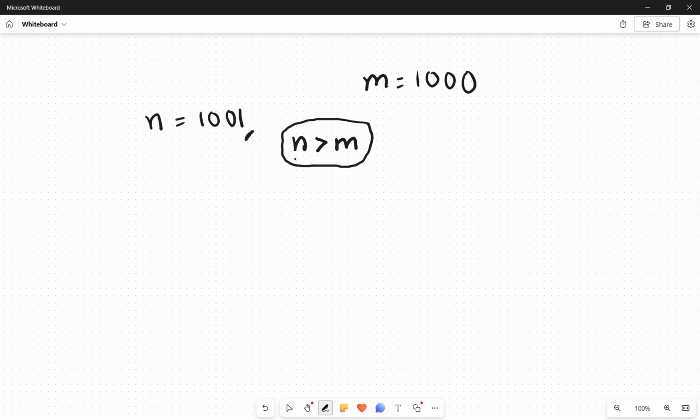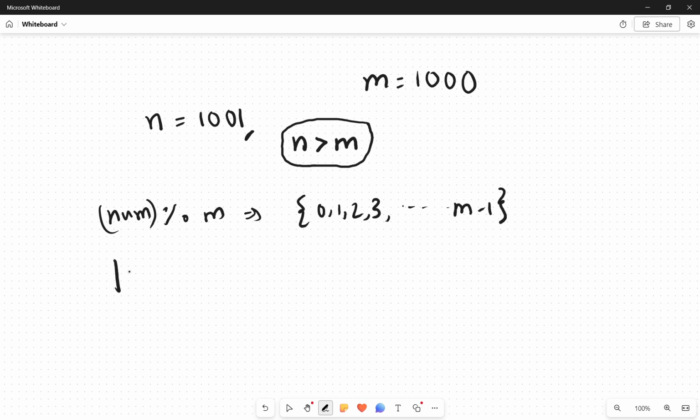We know that any number modulo m will give the values from 0, 1, 2, 3 and so on up to m minus 1. And take a look at this.